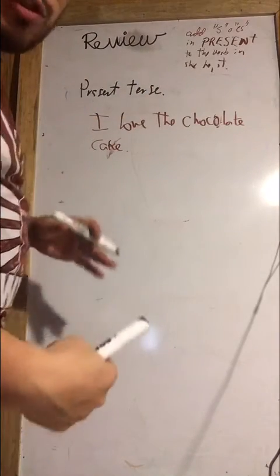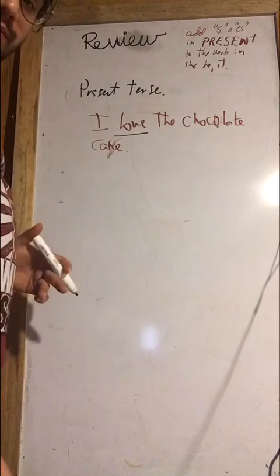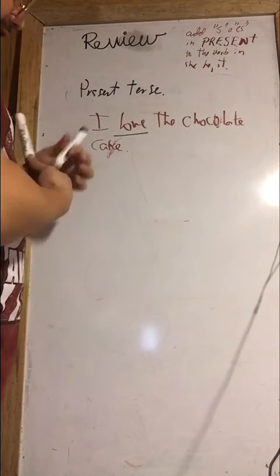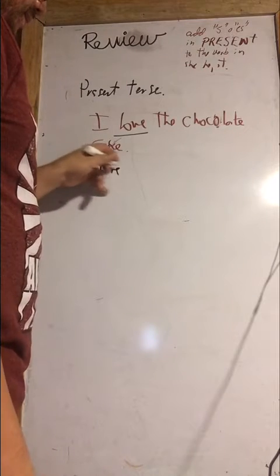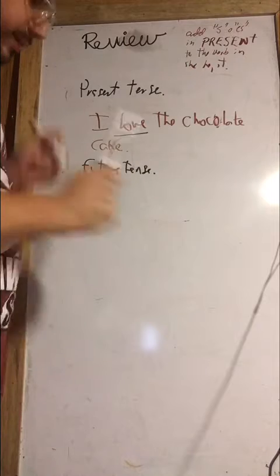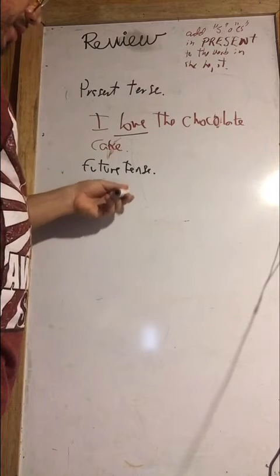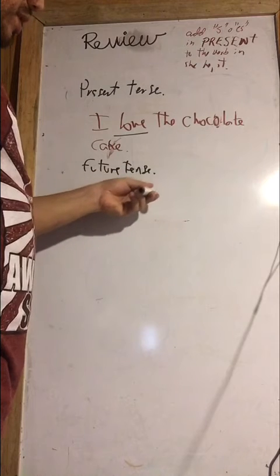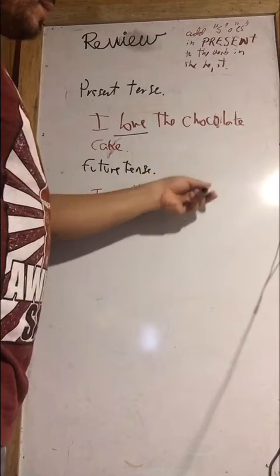I know I need to identify the action. What would be the action in this? Love. So I change love and I say for the future tense: I will love the chocolate cake.